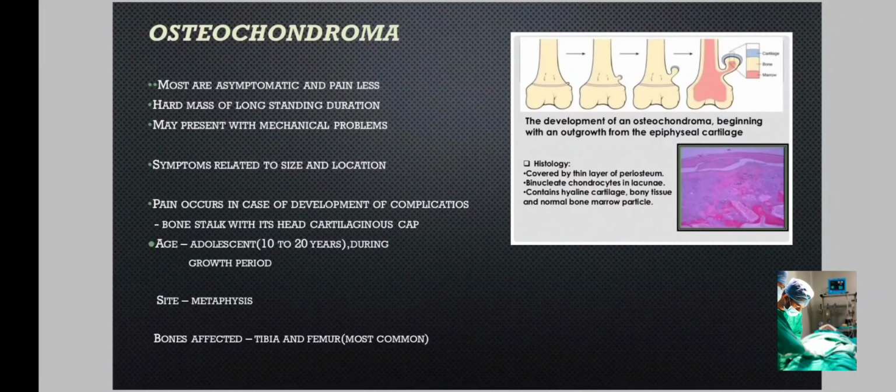So what basically I'm trying to tell you is, when you do an X-ray of an osteochondroma, what is the difference in size? The answer is, whatever radiological size you get, in actual tissue the size is always more, because this cartilaginous cap you cannot see in X-ray.